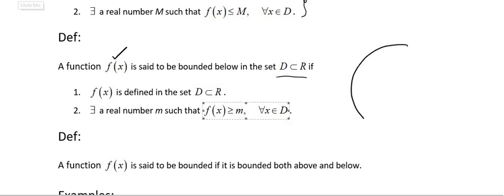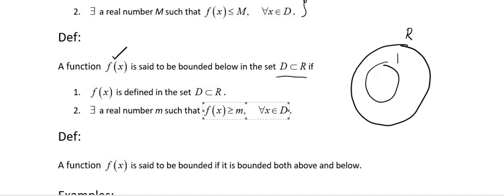So all of you observe, this is the real number system. This is a subset of the real number system. So the elements of D are real numbers. At these real numbers, the function is defined.